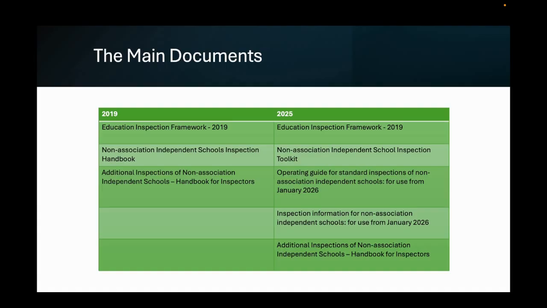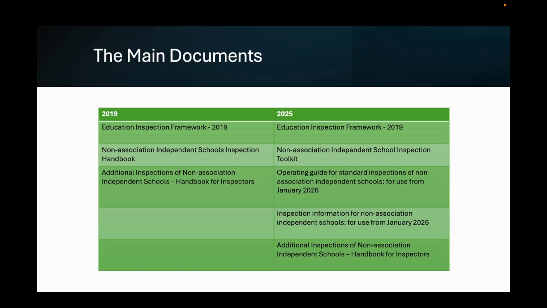And then there is a third document, Inspection Information for Non-Association Independent Schools. This also gives information that previously used to be in the handbook about the general way that inspection works. So those 3 documents contain what used to be contained in the handbook, but there's a little bit more in the form of that operational guide.